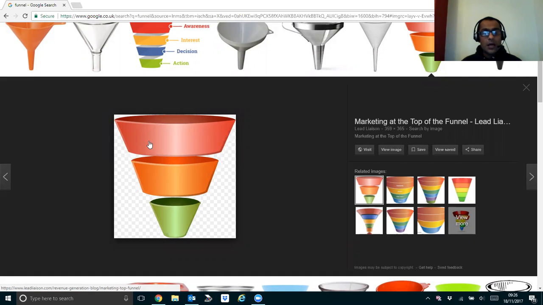As they flow down your funnel, the numbers will get less; you'll be targeting fewer people. However, they're going to be more ingrained into your business. They're going to have more trust in your business, and be used to doing business with you. That would be your key audience, which is the green section.